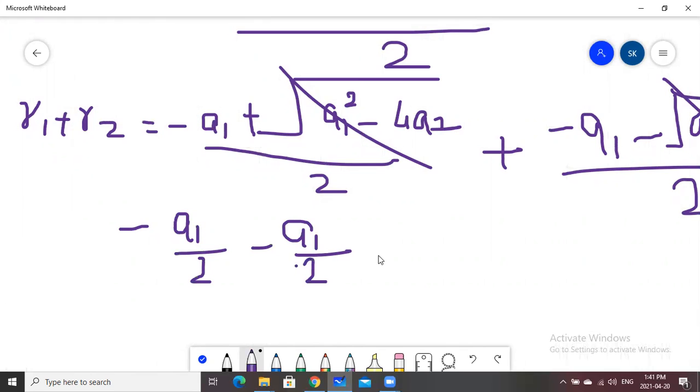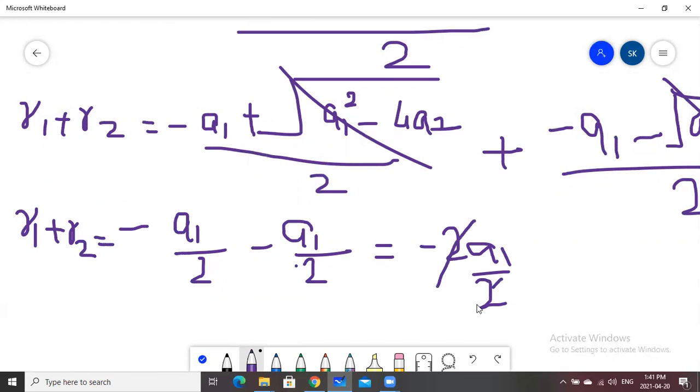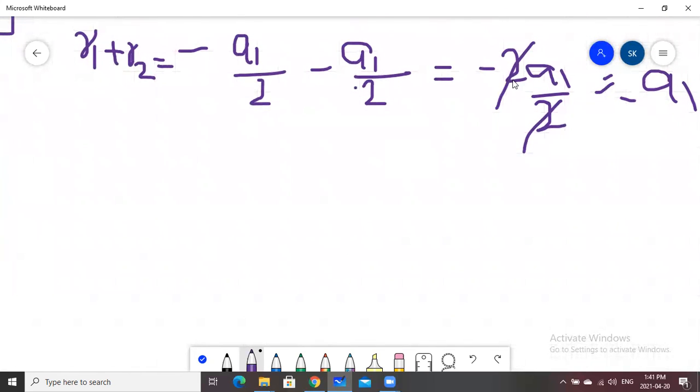Therefore, minus a1 over 2 minus a1 over 2 is equal to minus 2a1 over 2, and simply we can say that the value of r1, the first root, plus the value of r2, the second root, is equal to minus a1. Sorry, I said minus a, which is wrong; it should be minus a1. This is the sum of the roots.